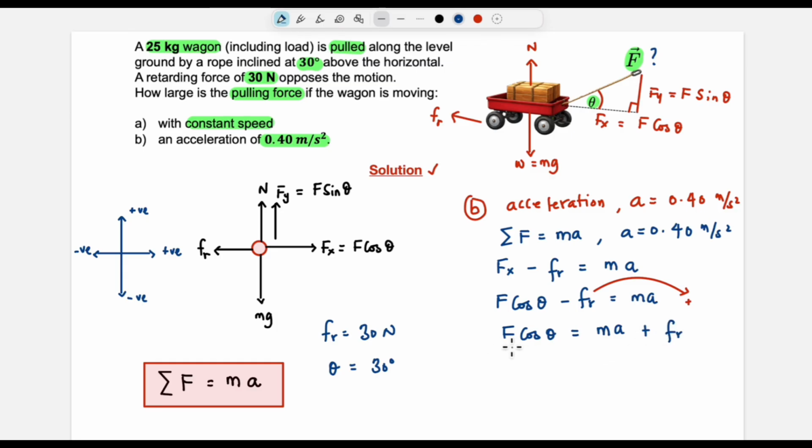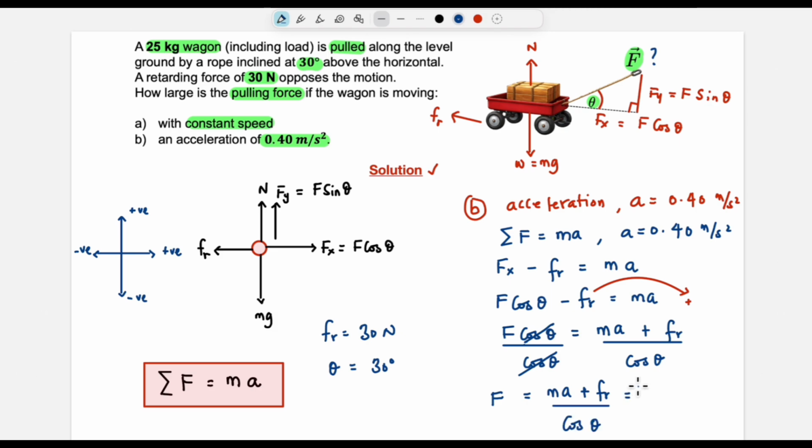Now we divide both sides by cosine theta. So the cosine cancels out, and we are left with the pulling force F equals ma, which is the accelerating force, plus Fr, which is the retarding force, divided by cosine of the angle.